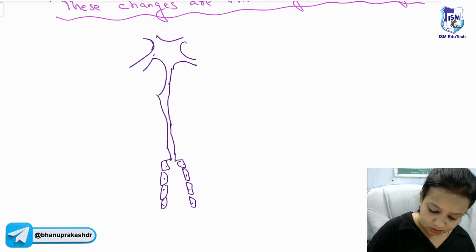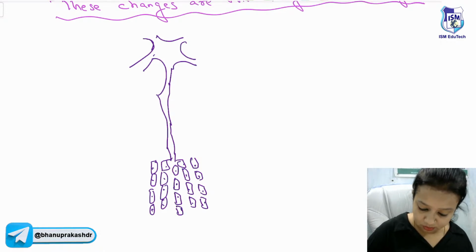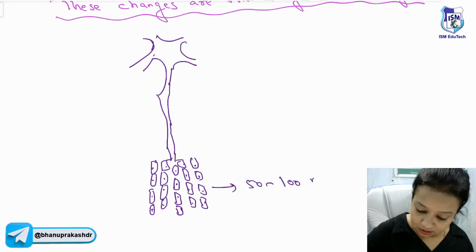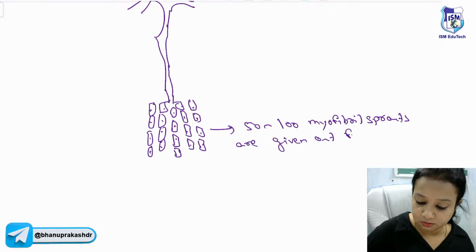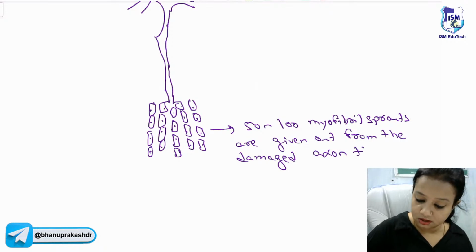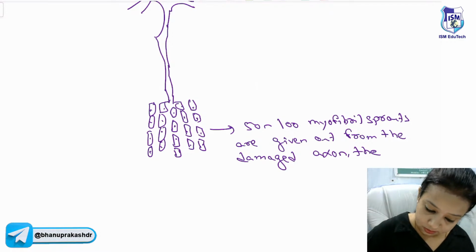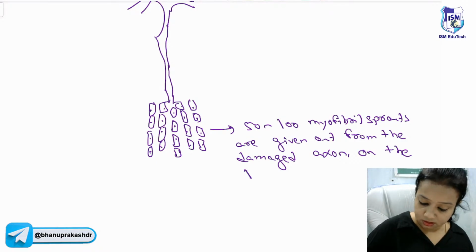There are numerous myofibril sprouts given out, about 50 to 100 myofibril sprouts, from the damaged axon on the distal side. This is how it starts.